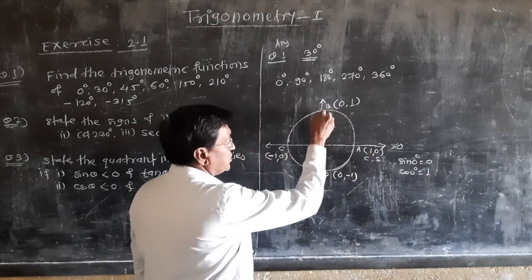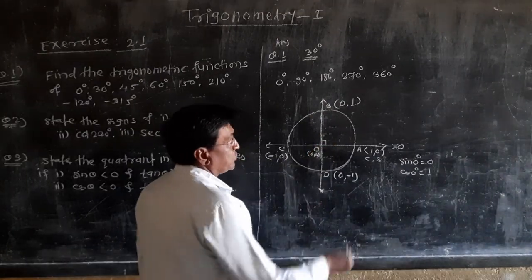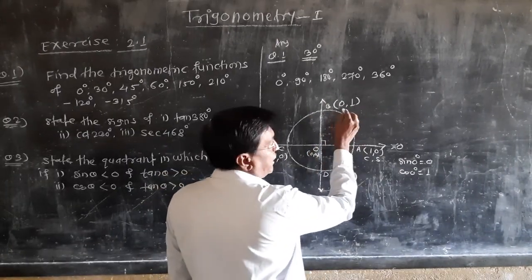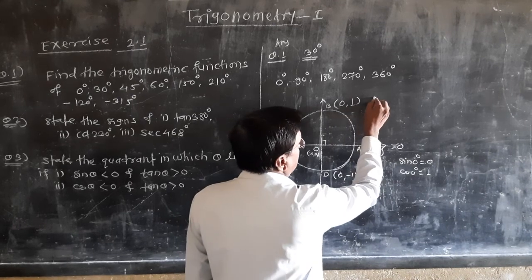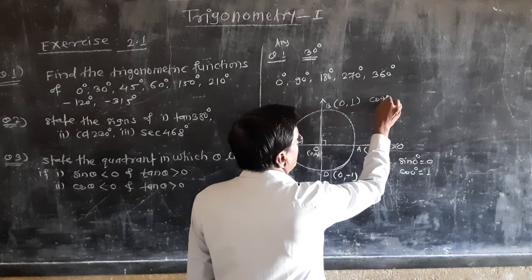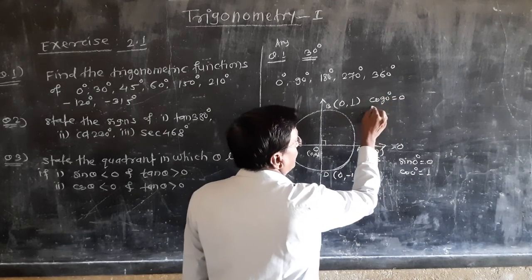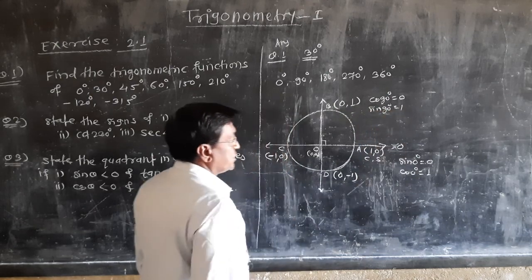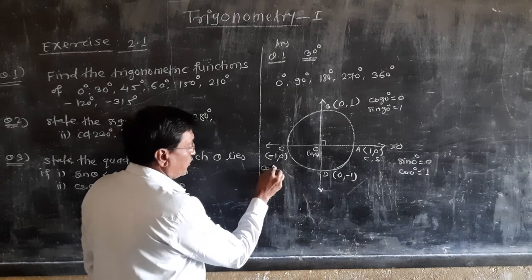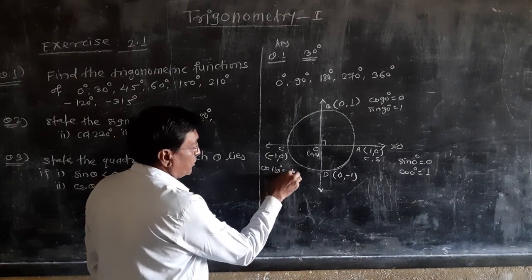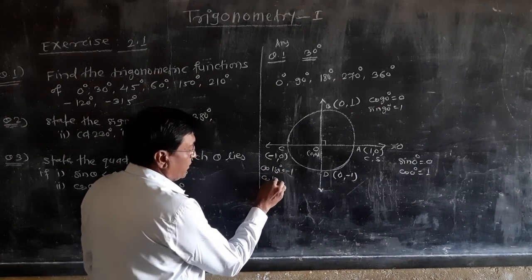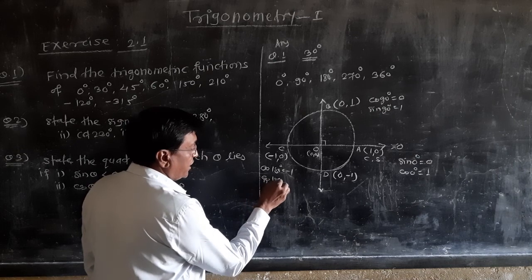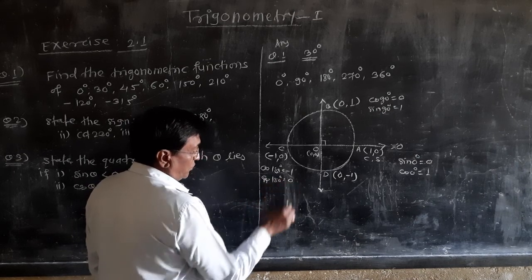Same way here, this is the angle 90 degree, so theta is 90, and by definition we write here cos 90 degree is equal to 0 and sine of 90 degree is equal to 1. Same way here, cos of 180 degree is equal to -1 and sine of 180 degree is equal to 0.